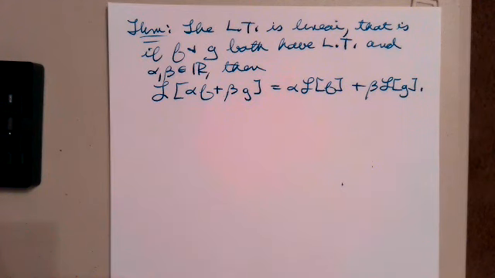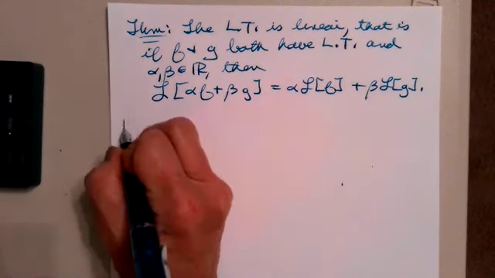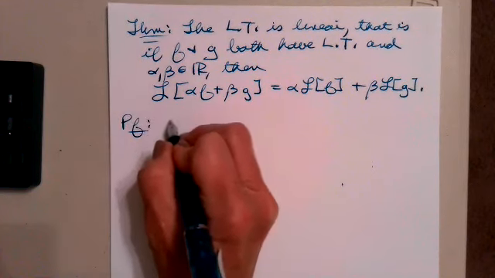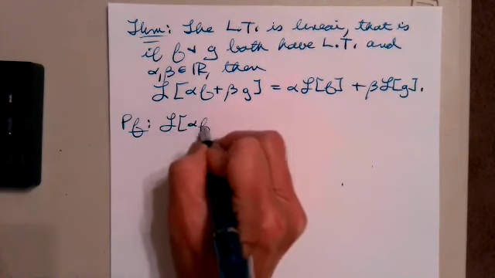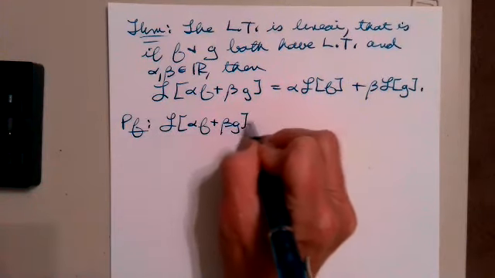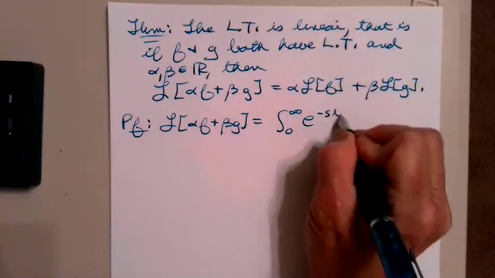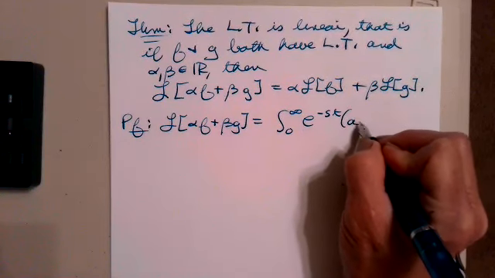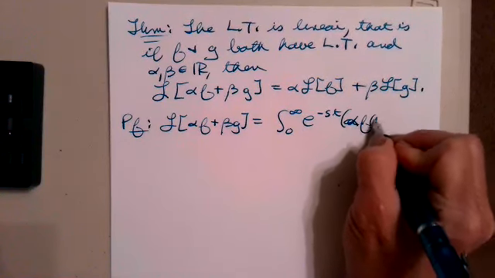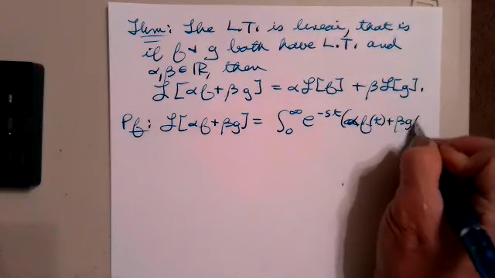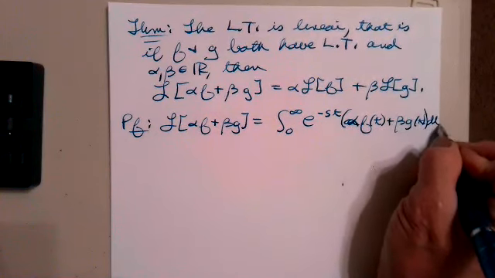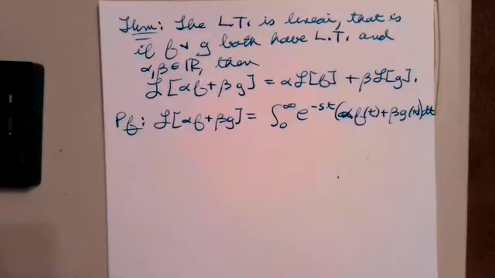Okay. And that's really easy to show, because if you look at the Laplace transform of alpha f plus beta g, that's the integral from 0 to infinity of e to the minus st times alpha f of t plus beta g of t dt. And now the integrals are linear.